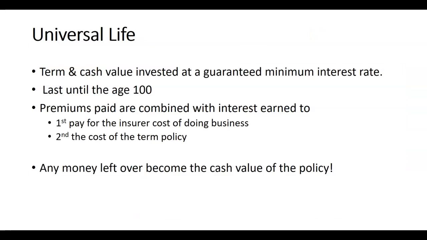So, universal life. What is universal life? Well, universal life is the combination of term and cash value that is invested at a guaranteed minimum interest. With universal life, it's a flexible premium. It's known as a generic name of flexible premium adjustable life.